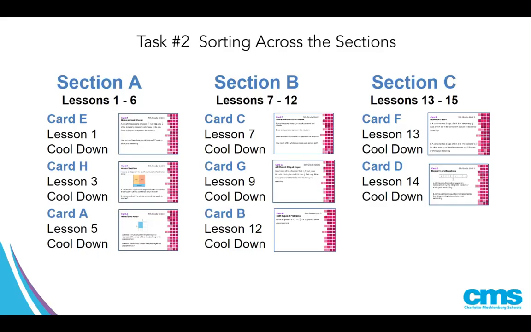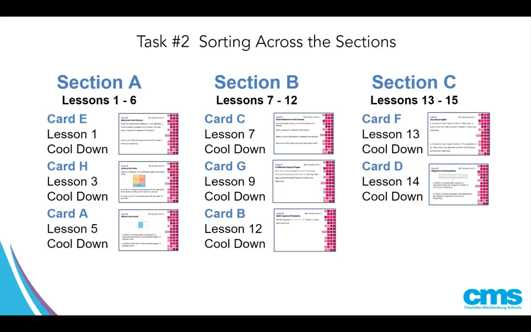Here are the sections with the lined cards. Cards E, H, and A are in Section A. These cards focus on multiplying a fraction by a fraction and move from only unit fractions on E to non-unit fractions on A. Cards C, G, and B are from Section B. They address dividing a unit fraction by a whole number, a whole number by a unit fraction, and then both in a single problem.